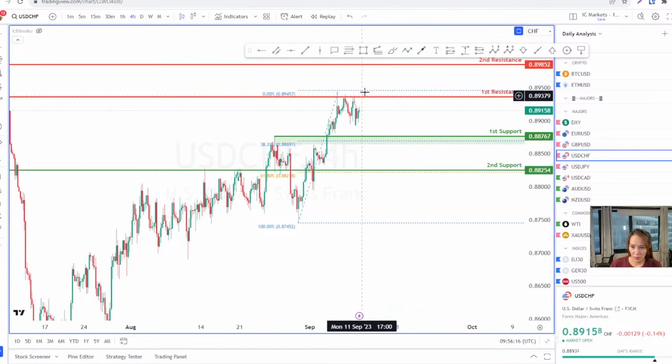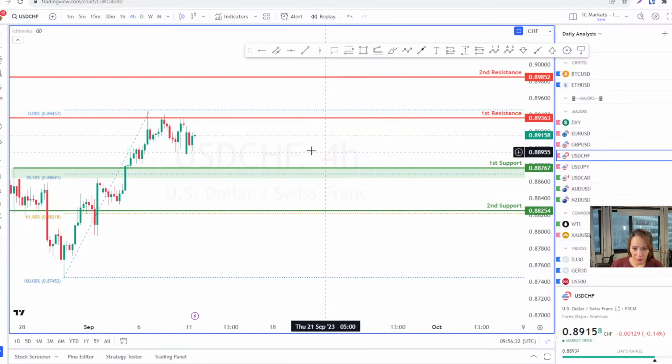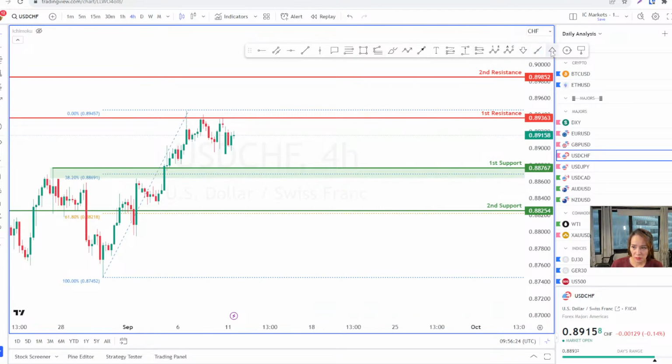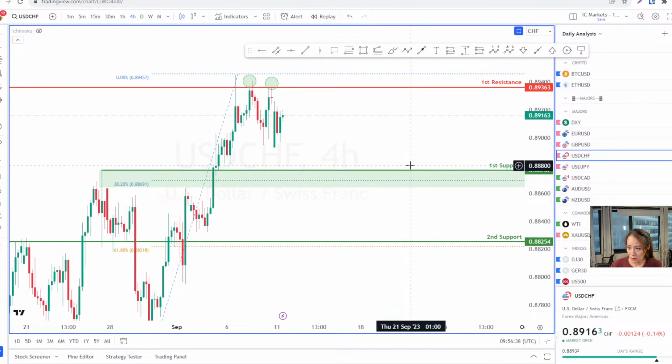We need to wait for price to break either the first resistance or the first support. What we can see here is it might create a double top in H4.